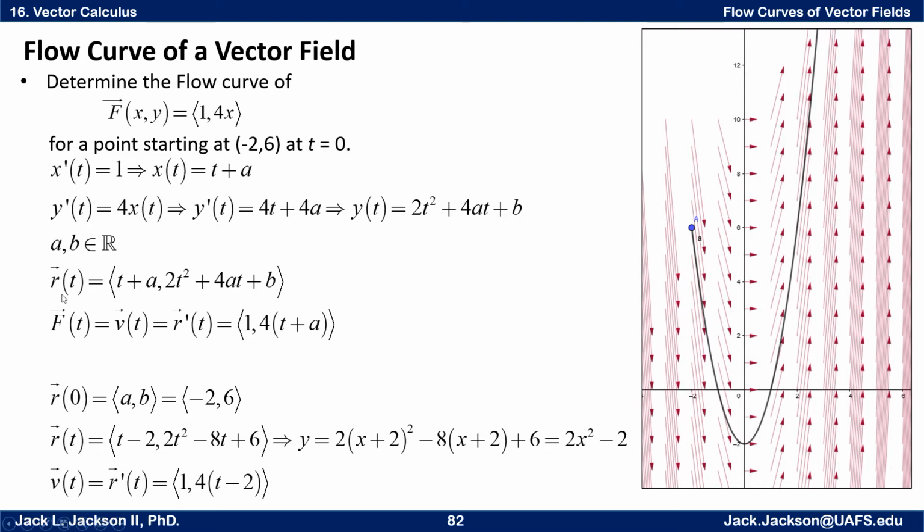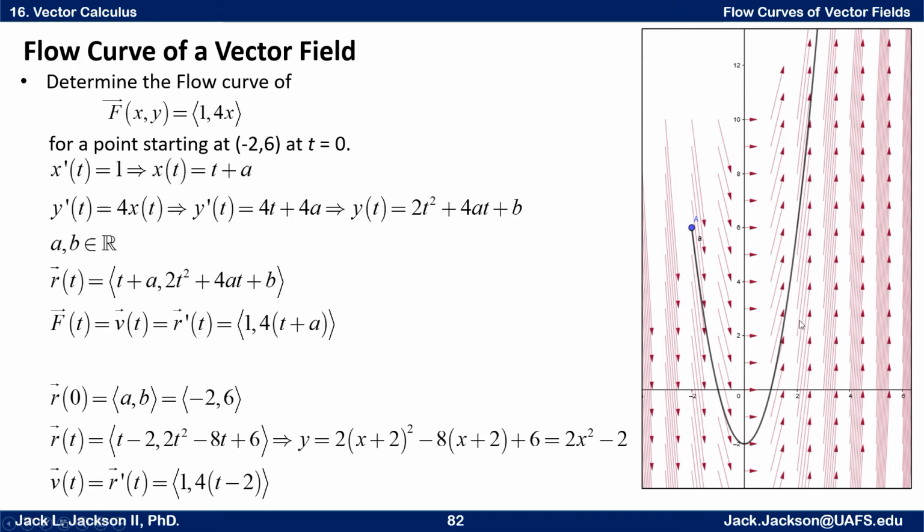So our position function is t plus a, comma, 2t squared plus 4at plus b for various values of a and b. Actually, a and b are the initial point at time 0, because r of 0 is, well, a, b.